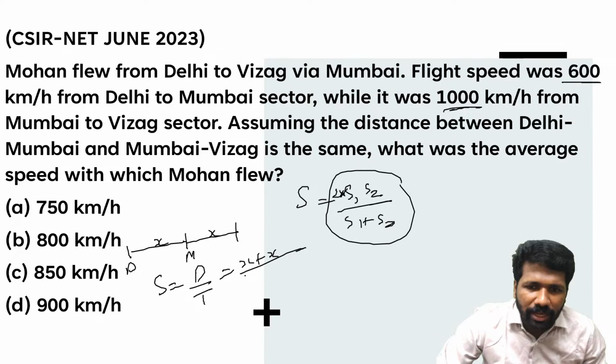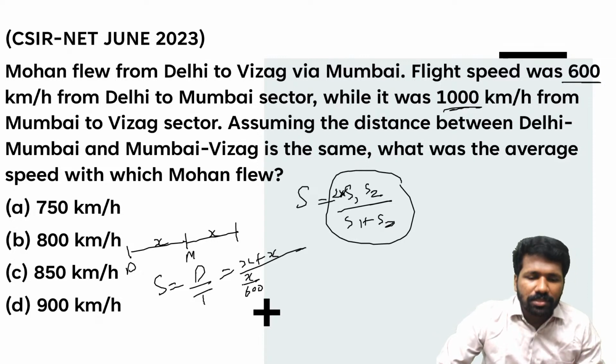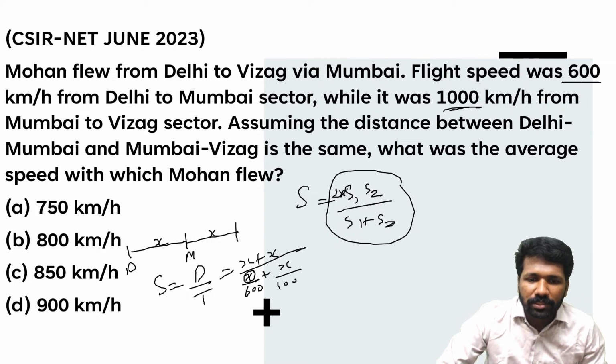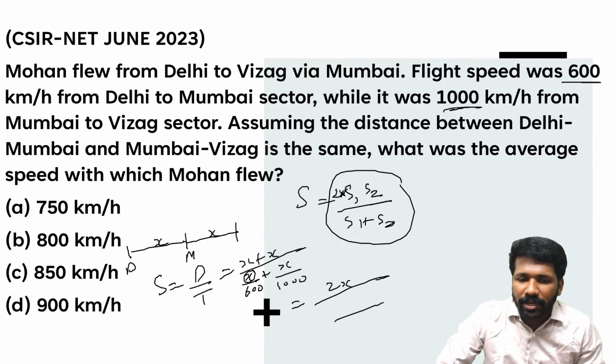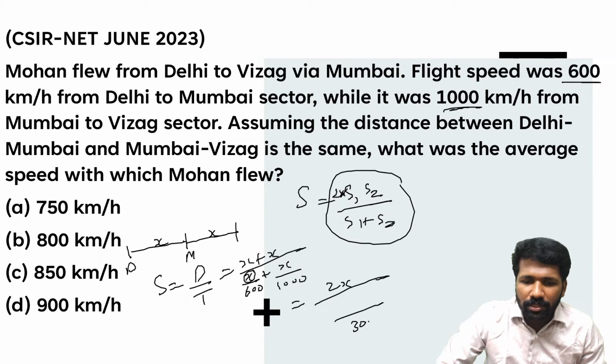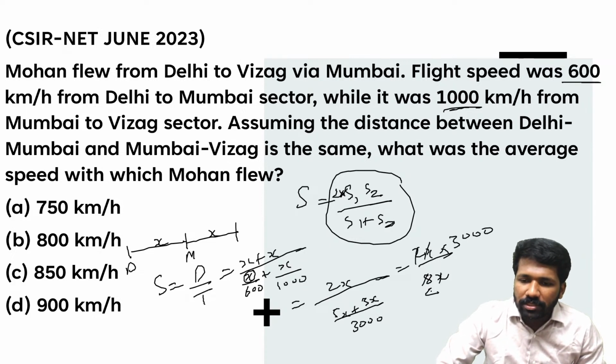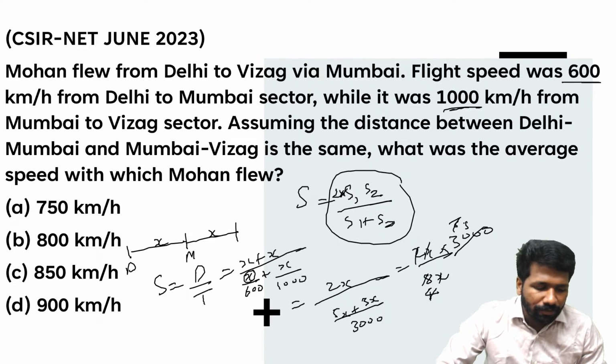Total time is x by 600 plus x by 1000, because time is distance by speed. Simplifying this, you will get 2x divided by the denominator; the LCM is 3000, and this is 5x plus 3x, that is 2x divided by 8x, and 3000 goes to the top. x and x cancel, 2 and 8 cancel, 4 and 3000 cancel, 750.